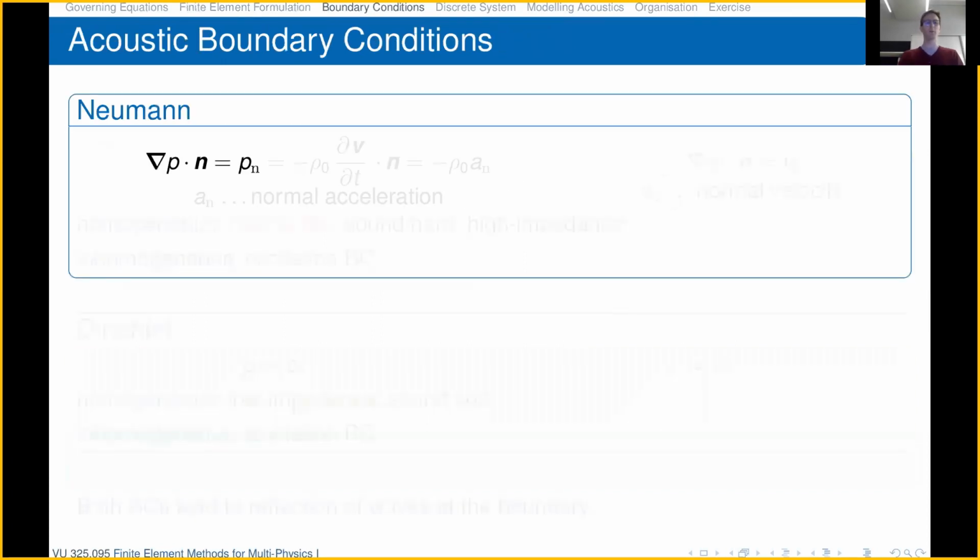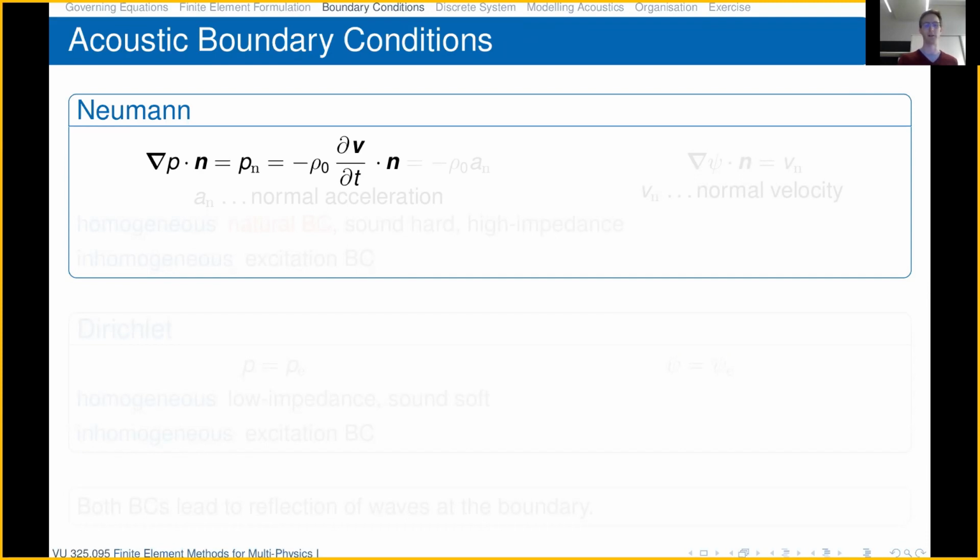Let's look at what boundary conditions we have in acoustics. As usual, we have the Neumann boundary condition in the pressure formulation. This is gradient p in n, the so-called normal pressure, if you want to call it like this. But physically, the pressure can be related to the velocity, as we've seen beforehand, times the density.